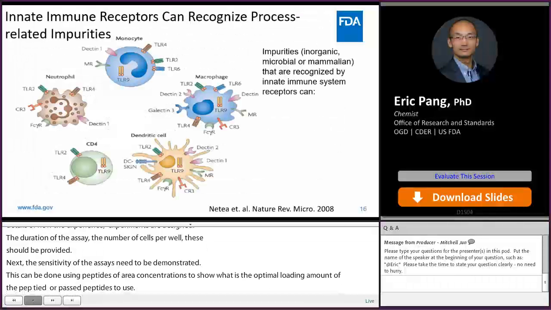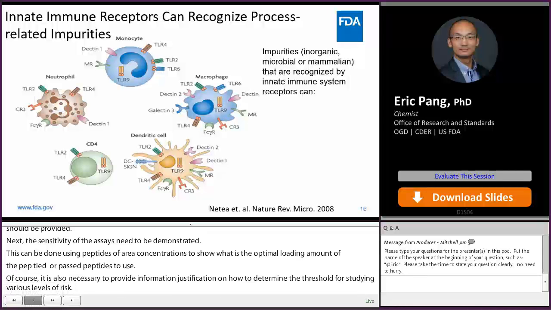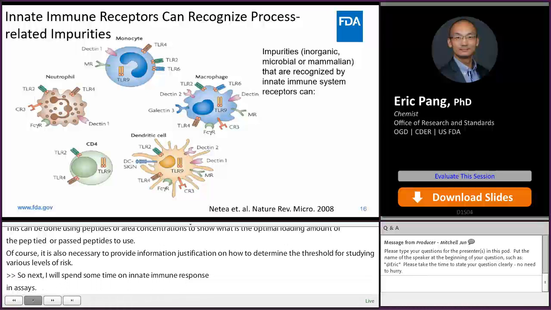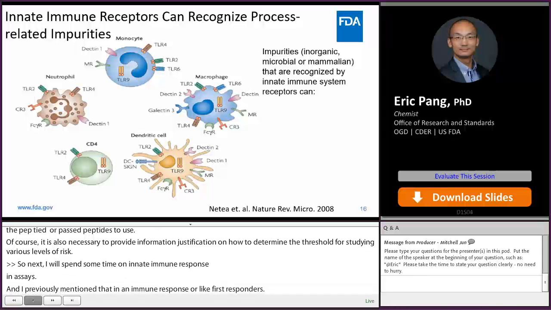So next, I'll spend some time on innate immune response assays. Briefly, we previously mentioned that innate immune responses are like the first responders when it comes to foreign antigens. TLRs, or toll-like receptors, on various immune cells, such as monocytes and macrophages, can recognize these inorganic or microbial antigens.